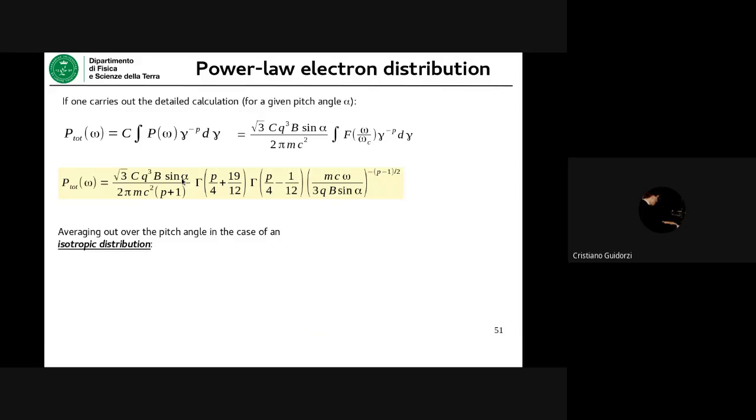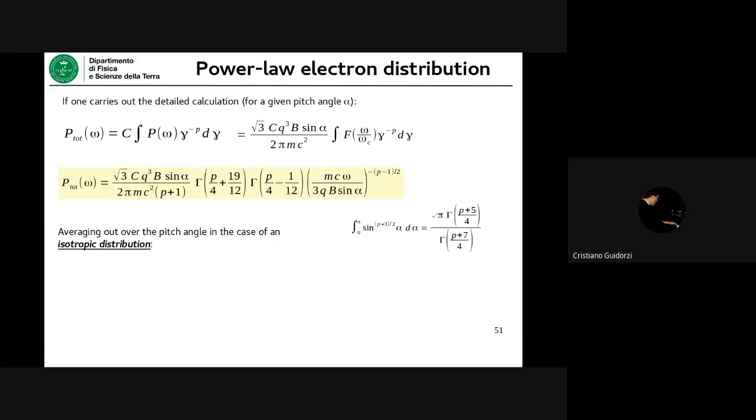If you move on and you wonder, much in the same way as we did when we calculated with Larmor's formula, if you assume instead a population of electrons whose velocities are isotropically distributed, so it means that the pitch angle is equally probable for any possible value.